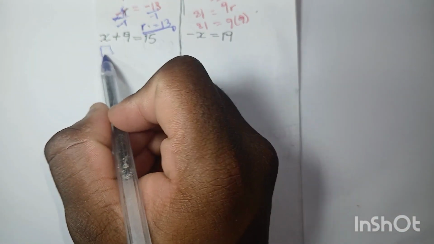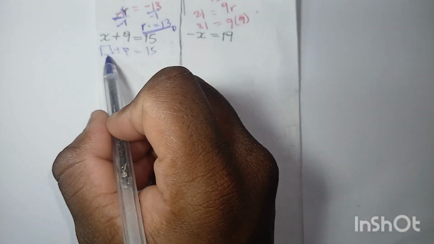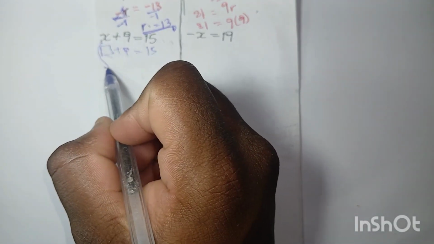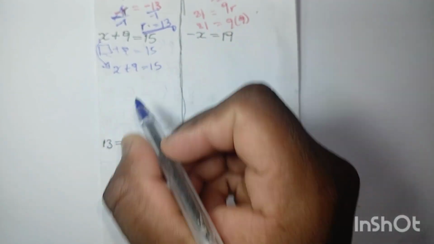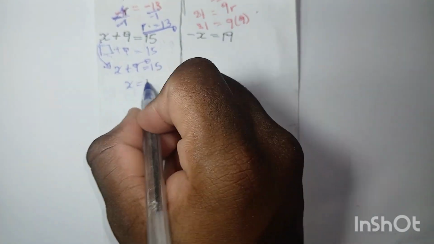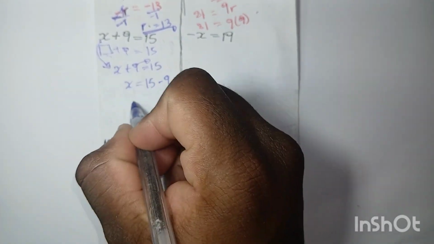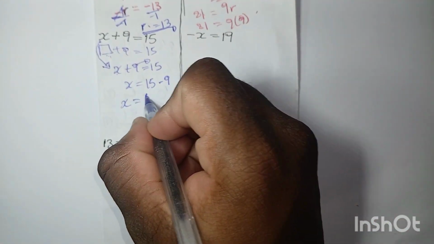So this thing is something like a box. You should identify what is inside the box. In order for you to identify what is inside the box, you should make that x alone. Take this thing to the other side so that x can be alone here. This thing minus 9, so this thing is x. This and that, guys, it's what? I'm sure it's 6 here.